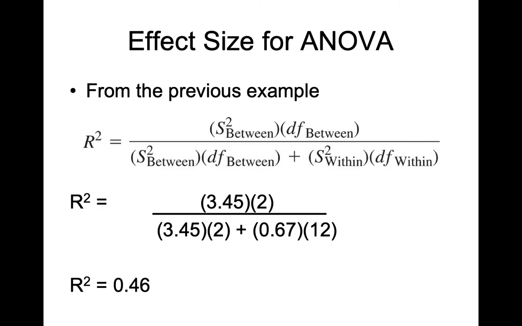When we plug in our numbers, which are the numbers we've been working with from our example calculation, an R squared reflects the proportion of variation in our outcome measure, trust, that can be accounted for or explained by group membership.